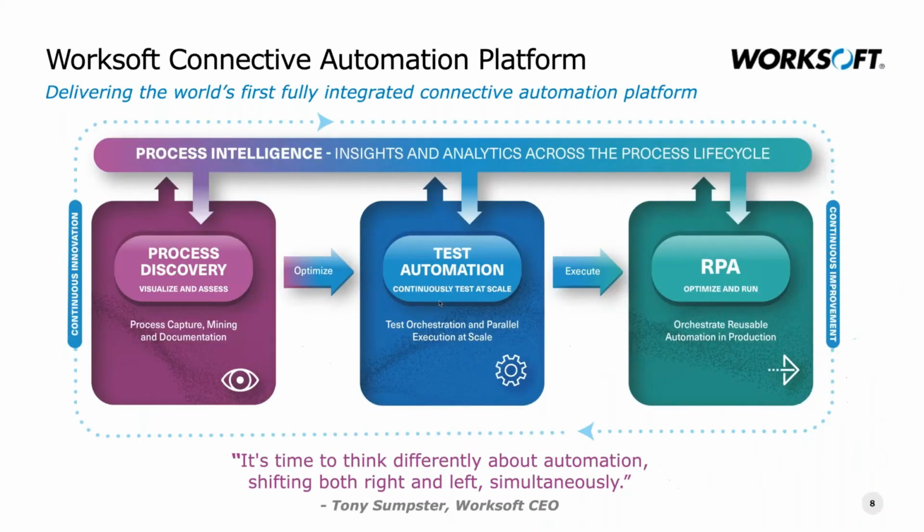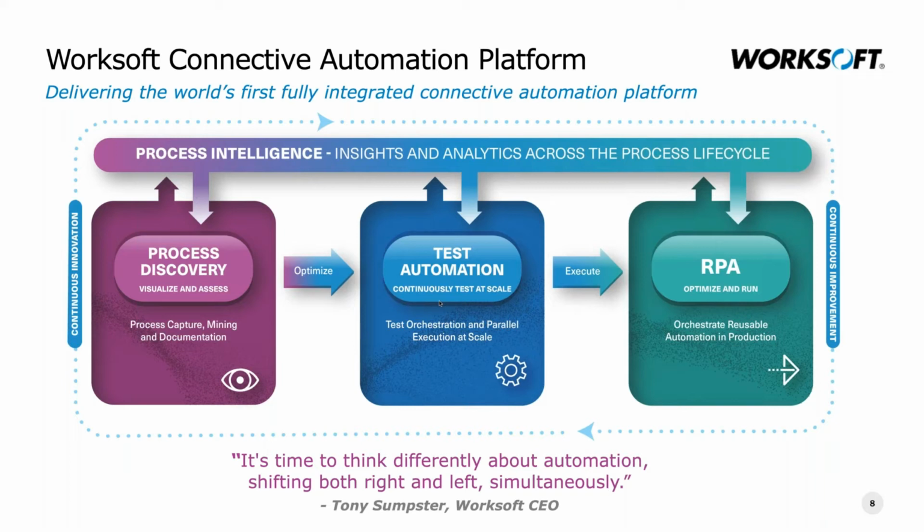Okay, so once again, if you drill down into the three key components that I talked about, the first one is process discovery, which can come from task mining, process capture, it can come from process mining. And it can also generate documentation of your business processes for you automatically.